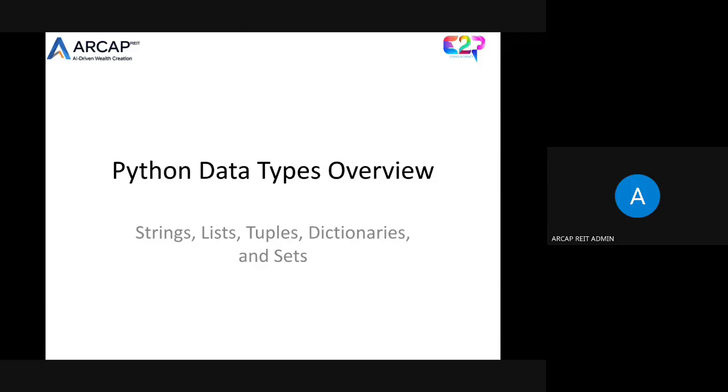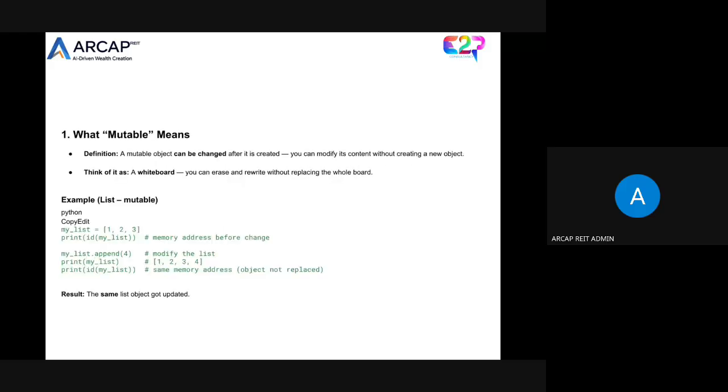So I have put my screen. In this category, before going into lists, strings, tuples or dictionaries, first we need to know the mutability and immutability of any data type. So, a mutable object. What is mutability?